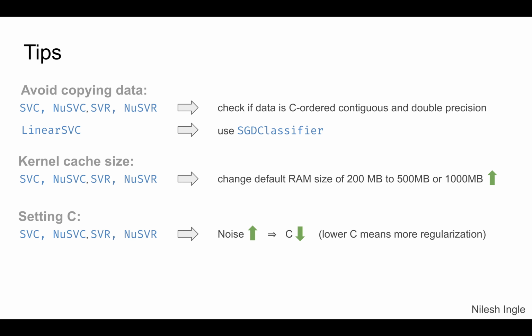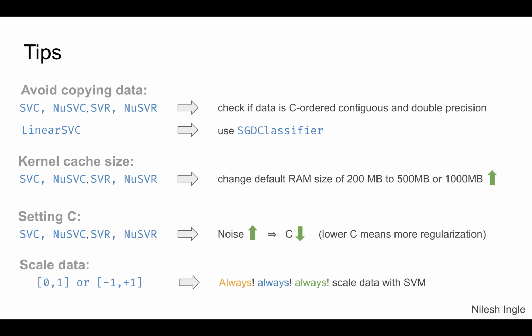For the value of C, if the data is noisy, then you could add more regularization, and so you could decrease the value of C. That is, you're reducing the width of the margin, so there is less tolerance when we are trying to classify the data points.